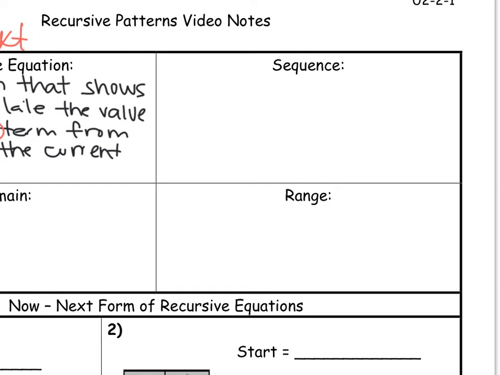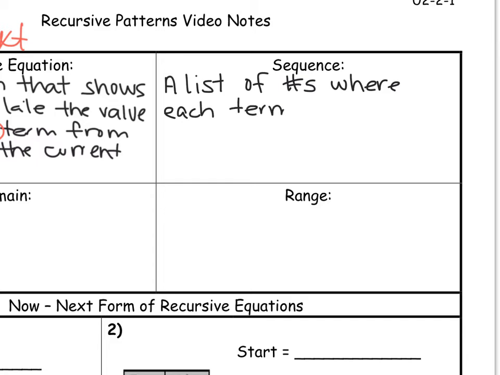So our next definition is a sequence, and it's just a list of numbers, like in the cartoon, where each term is based on the previous term.